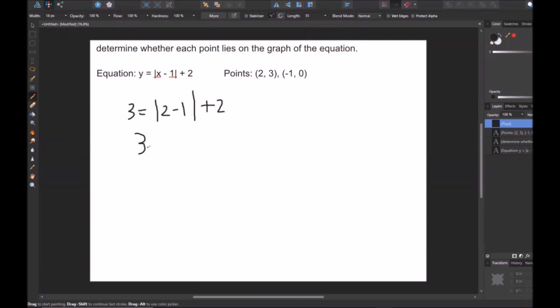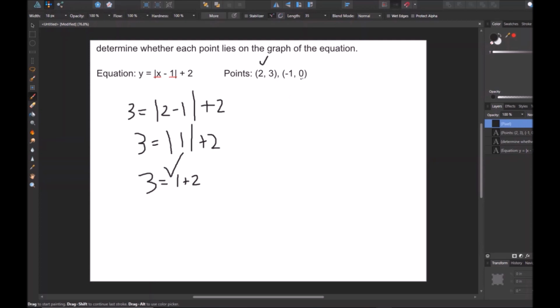So 2 minus 1 is just the absolute value of 1 plus 2. And the absolute value of 1 is just 1. So then we're left with 1 plus 2. And then 1 plus 2 is 3. 3 equals 3. So (2, 3) does lie on the graph of this equation.